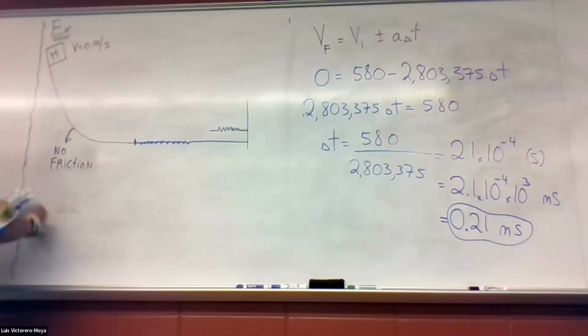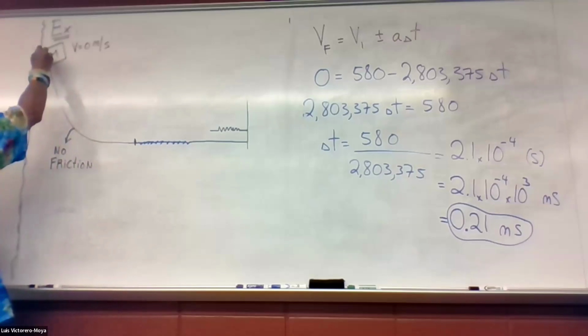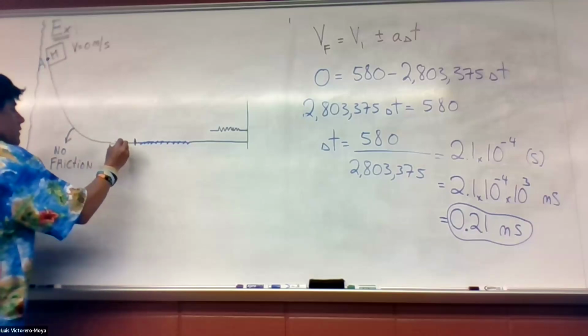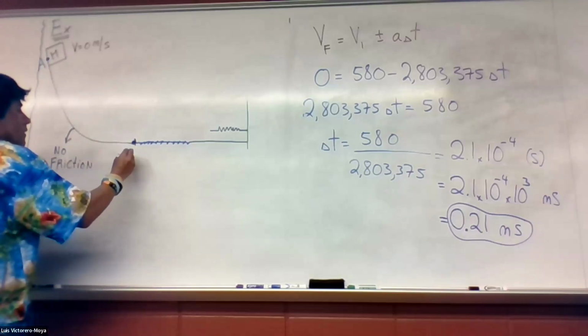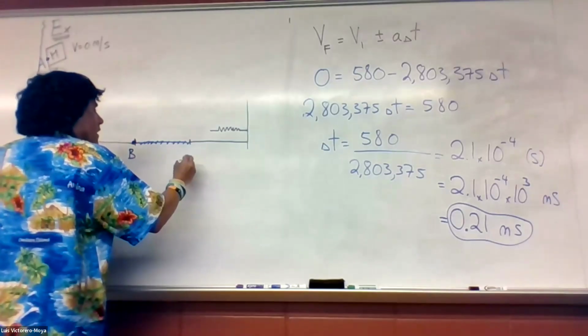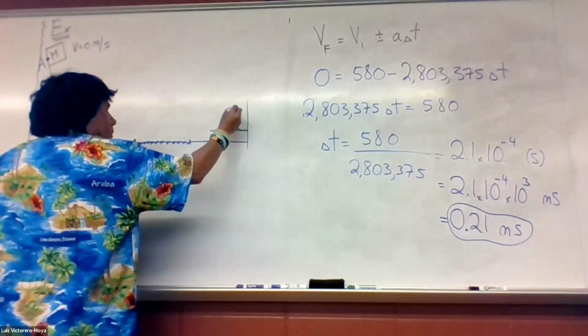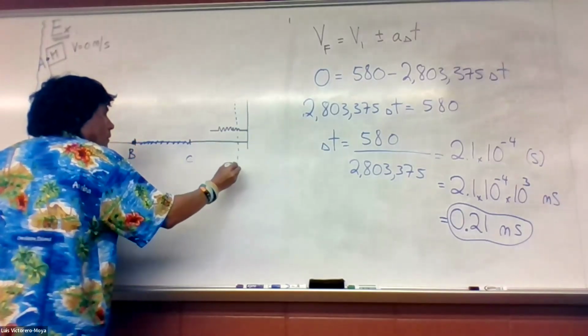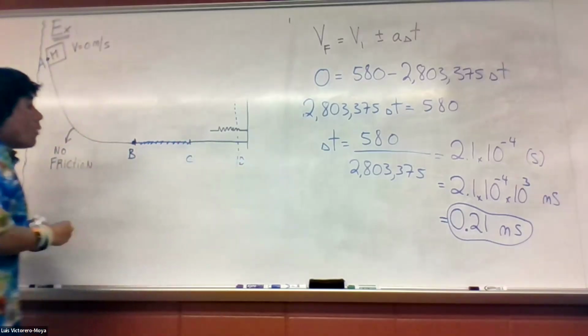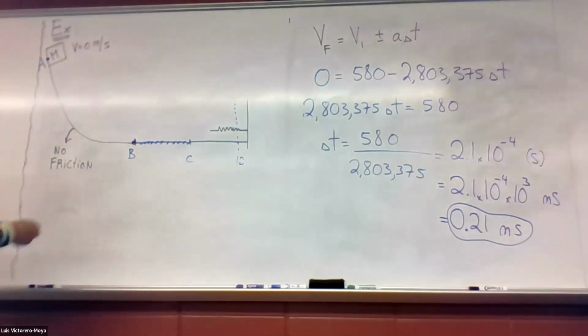You have point A, point B, point C, and here, point D. Why do you have all those points? Okay.